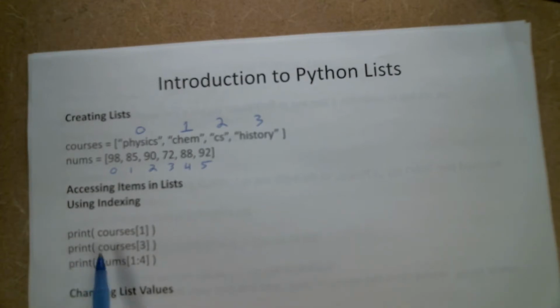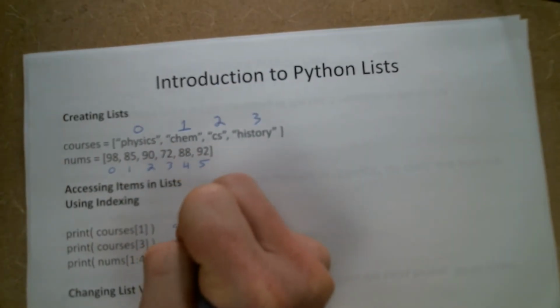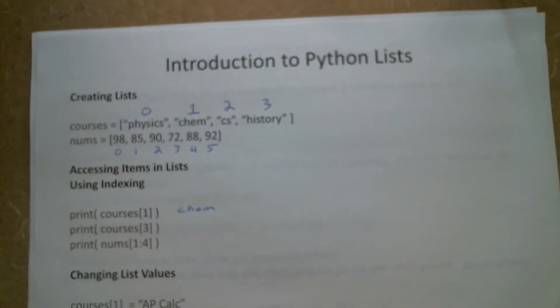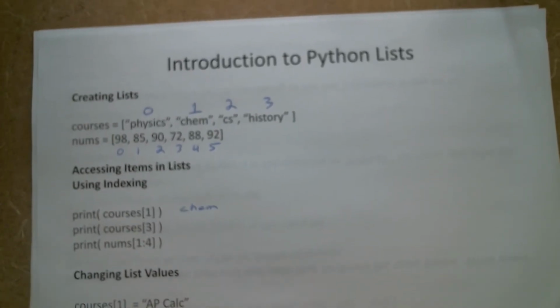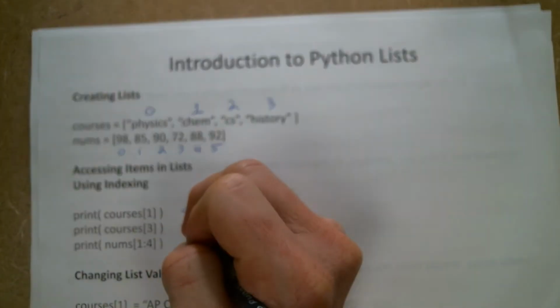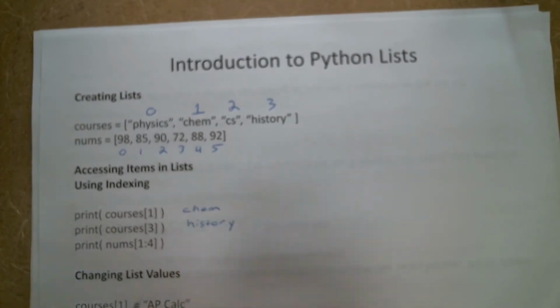So if we were to say print courses of 1, that would just go and print the word chem. We'd be accessing that individual element inside of our list. If we were to say print courses of 3, that would access history from our list.